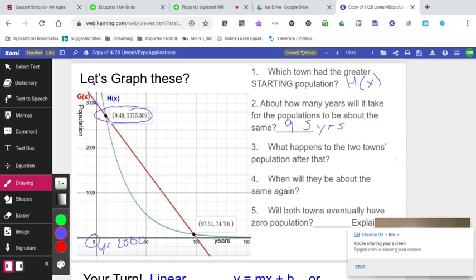Now, after that, the town of Haskins dips below the town of Gainesville in population until it starts to level off and intersect again at the second point of intersection, or the second solution.